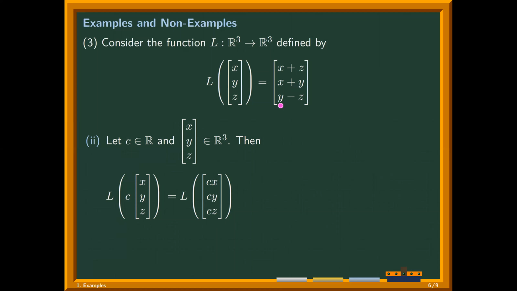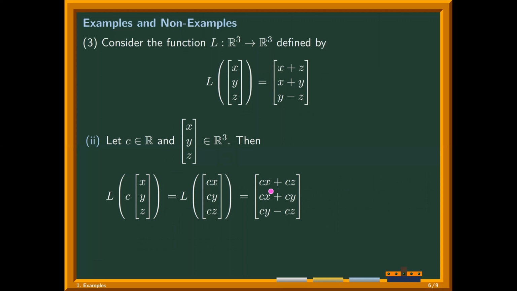So at this point, we may apply the definition of L. This is equal to the vector with components cx plus cz, cx plus cy, cy minus cz. Again, we follow this rule.